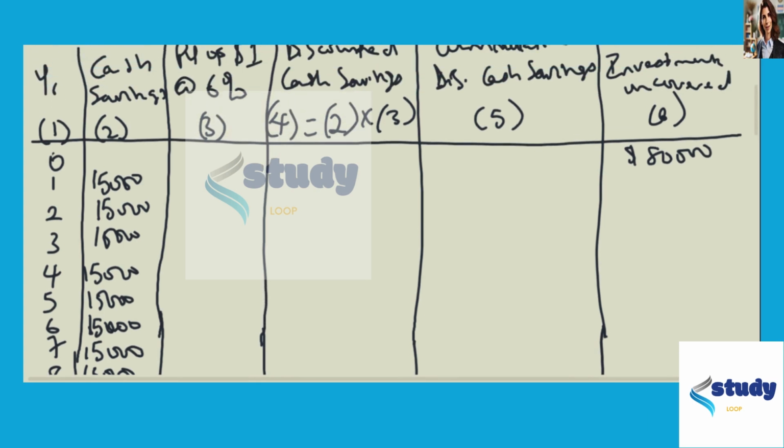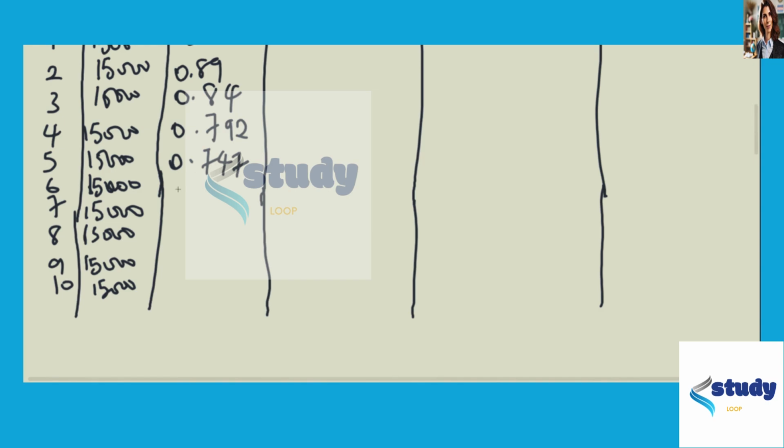So for the present value of $1 discounted at 6%, this will be 0.943, this will be 0.89, this will be 0.84, 0.792, 0.747, 0.705, 0.665, 0.627, 0.592, and 0.558.